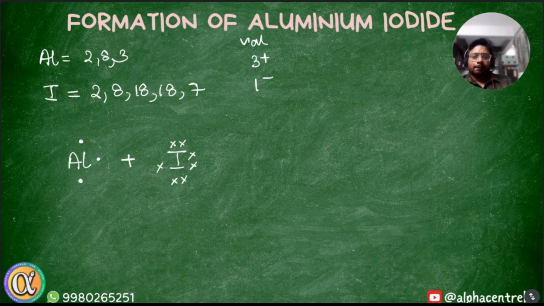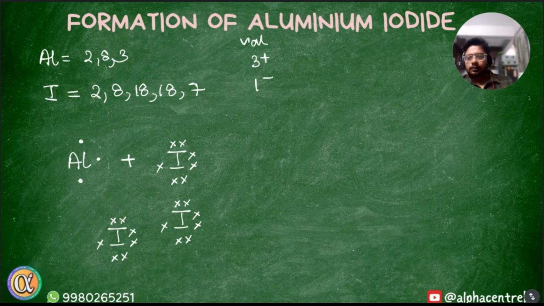So electrons from aluminium can go to iodine to attain a stable electronic configuration. But iodine needs only one. So we need 2 more iodines, which makes 3. So aluminium donates one electron to each iodine.